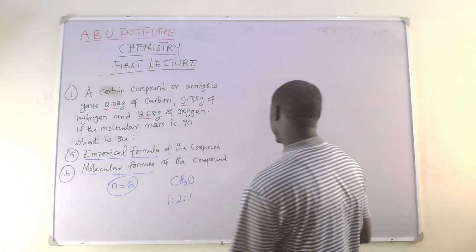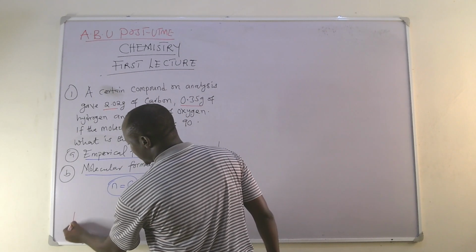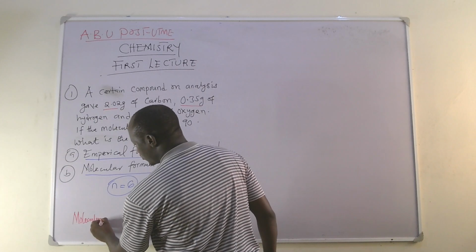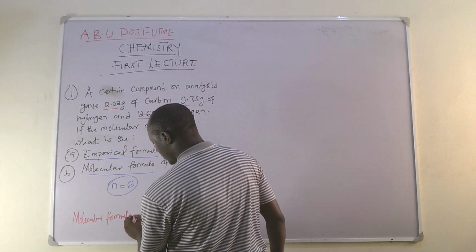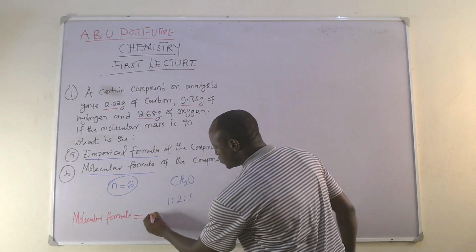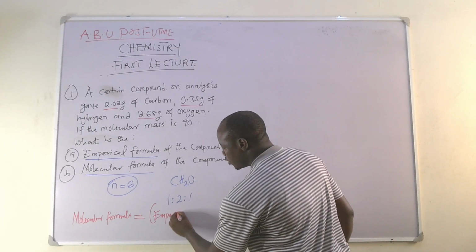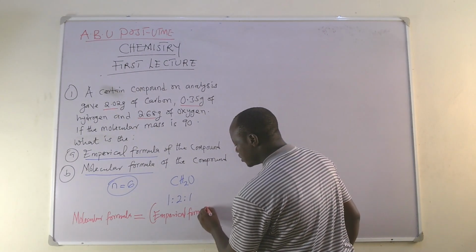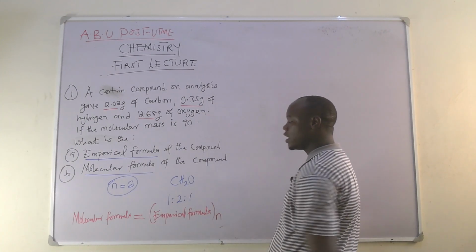And how do we do that? It's simple. Molecular formula equals empirical formula, in brackets, raised to n.